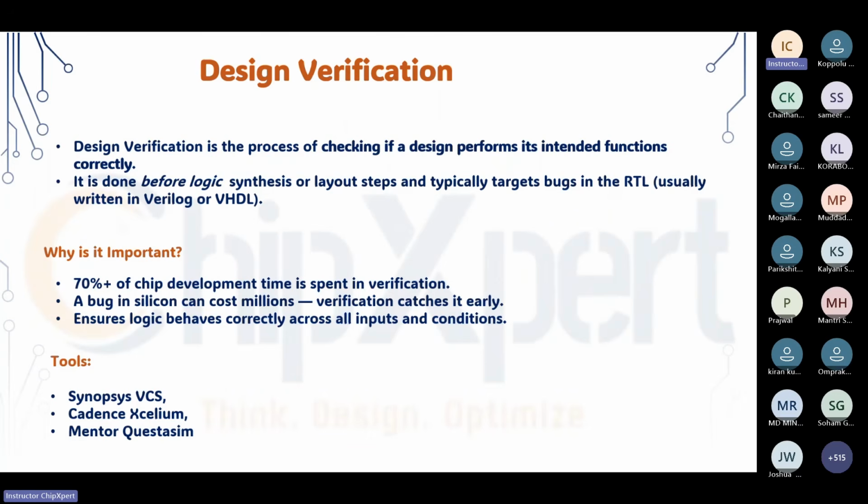The RTL design and verification come under the complete front-end design. These teams have the largest number of engineers in VLSI design. 70% of chip development happens at this step. The tools used are Synopsys VCS, Cadence Xcelium, and QuestaSim from Mentor Graphics. These are the industry standard tools.